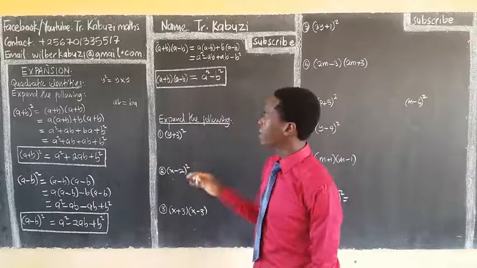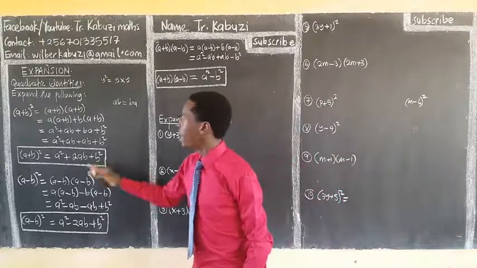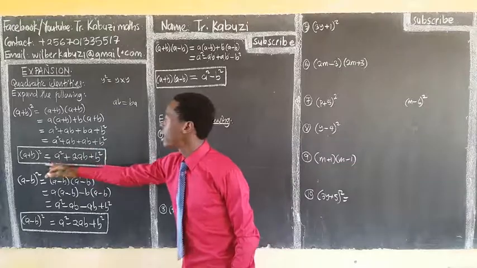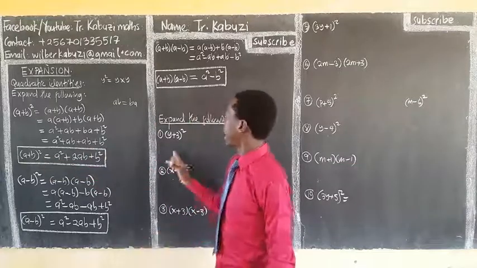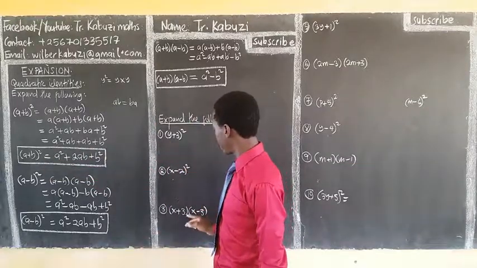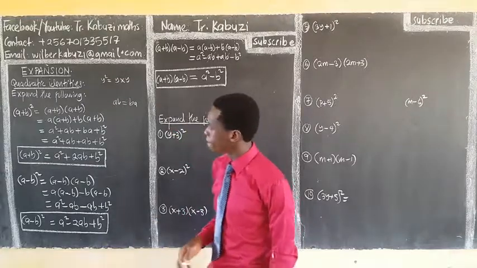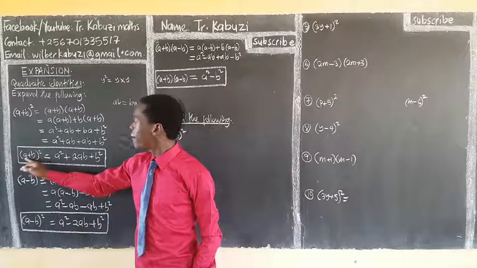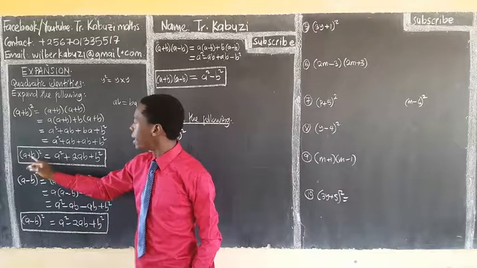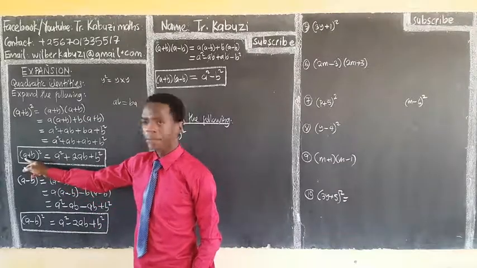Now, I want to come back to this. If you have 2 terms and the whole is squared, in this form, you see we have the first term and the second term. They are squared in the first term.